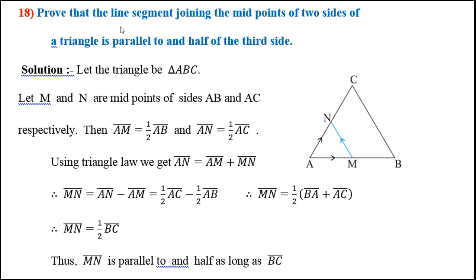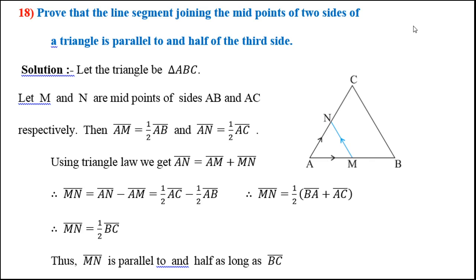Prove that the line segment joining midpoints of two sides of a triangle is parallel to the third side and is half of the third side. So this was one famous theorem in geometry.